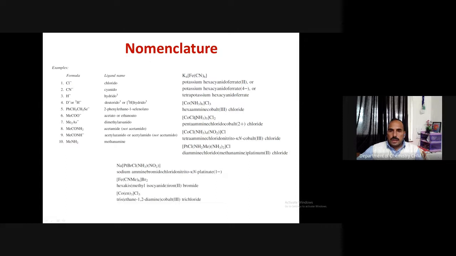All right. And then other ligands are here, the one that is [Co(Cl)(NH3)4(NO2)]. Just look at this carefully. Tetraammine, of course, because alphabetically ammine will come first. Chlorido, and then nitrito-kappaN, because nitro is coordinating here using the nitrogen atom, although it can use oxygen also.